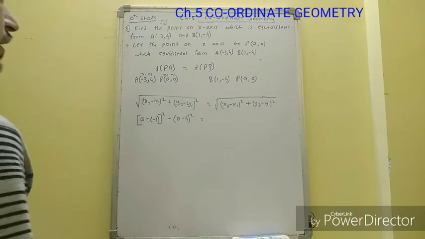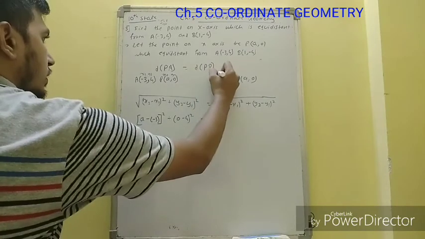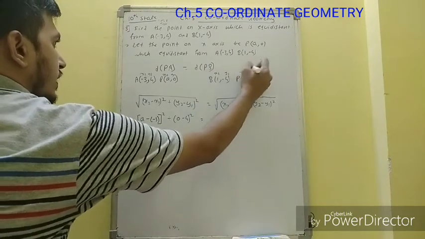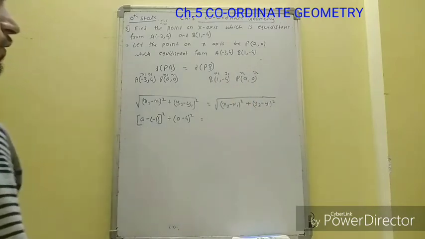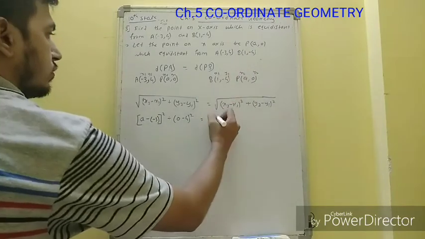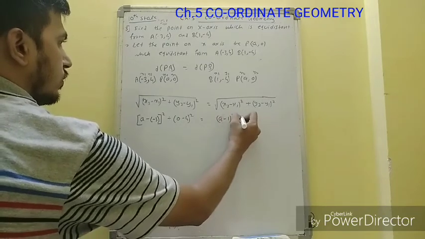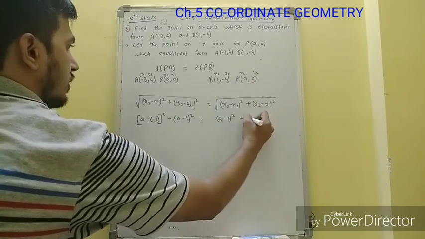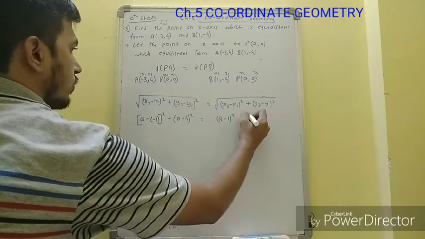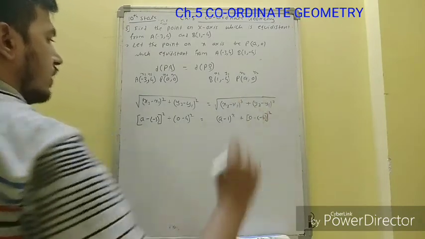Here also x1, y1, x2, y2. So x2 minus x1, (a minus 1) the whole square and (0 minus (-4)) the whole square.